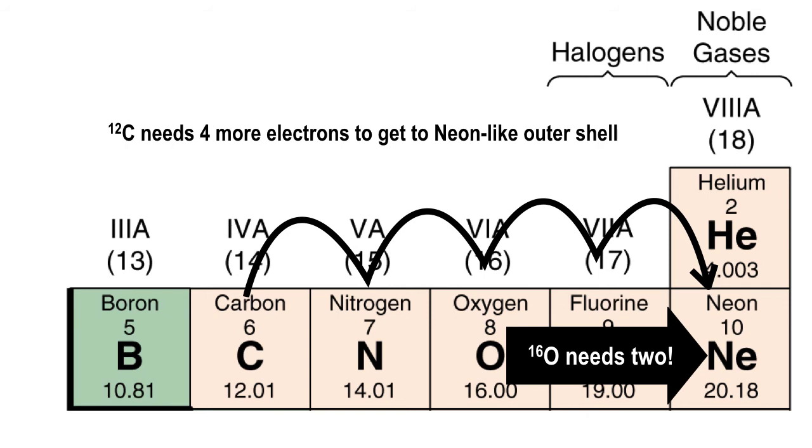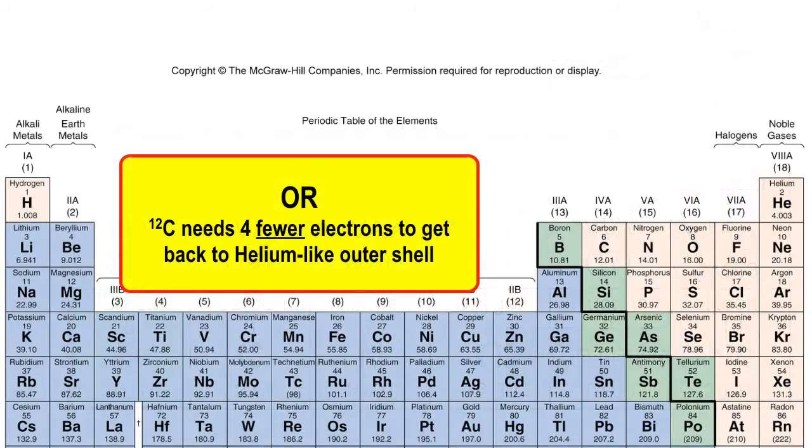Now, the other way that carbon can get an outer shell filled is by losing electrons. Instead of 4 spaces to the right, let's go 4 spaces to the left. Here we go.